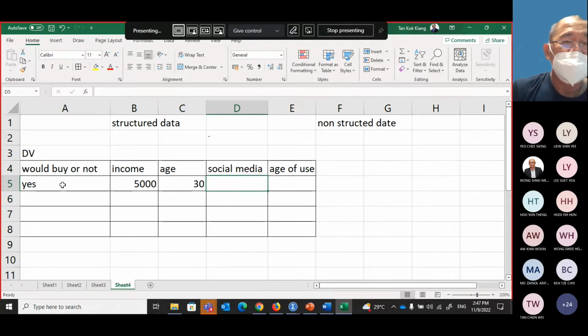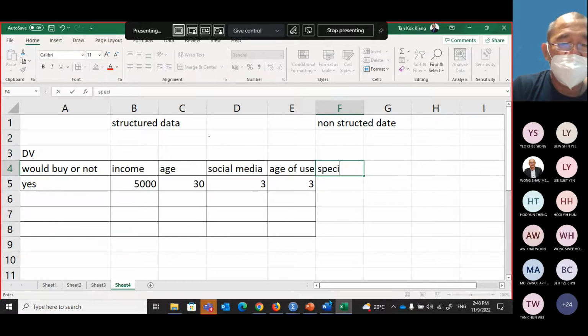Social media, we can still measure it, but based on the respondent, not the handphone. Let's say they access social media 3 hours. The current handphone has already been used for, let's say, 3 years.